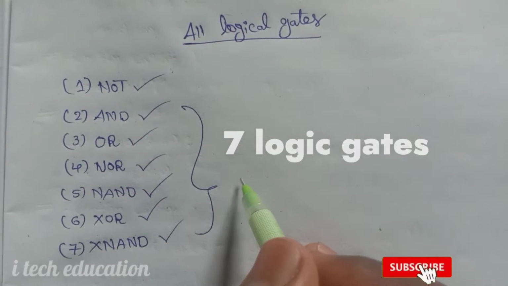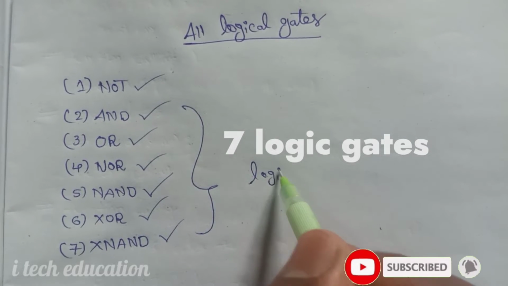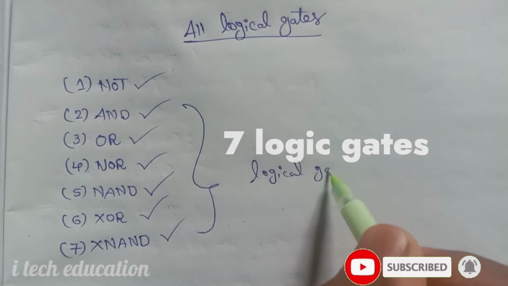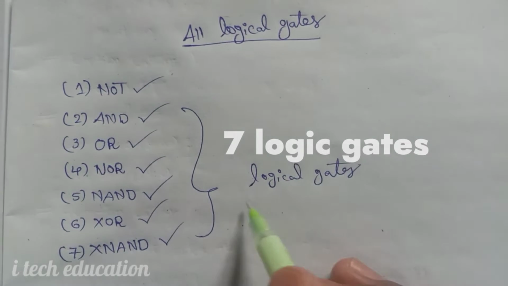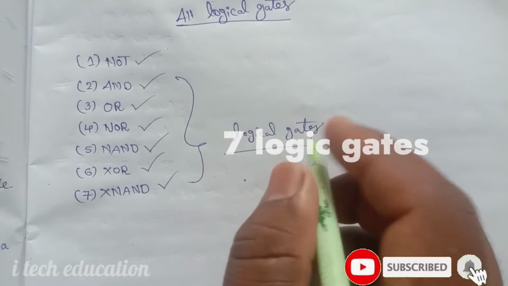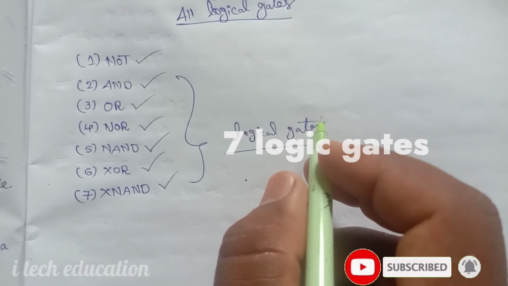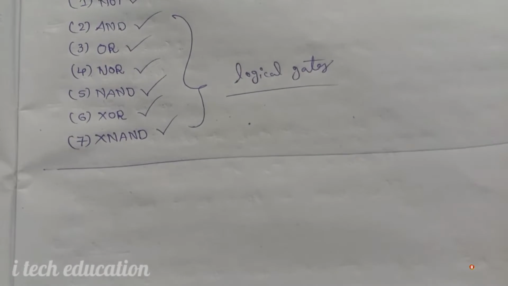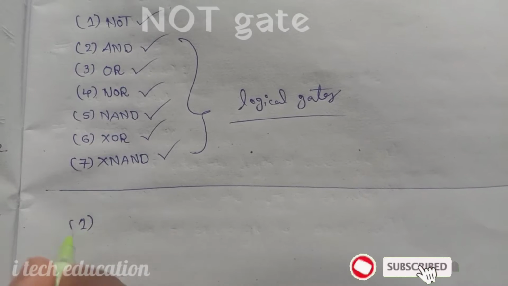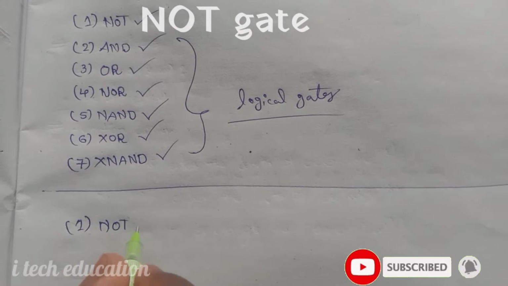These are the logical gates. Let us see one by one in detail. The first one is NOT gate.